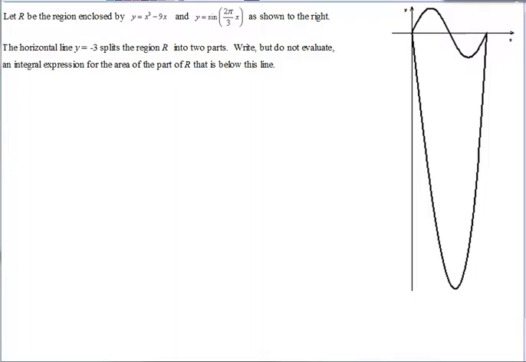Might have been obvious when you're just looking at it, but the one on the top there, that's y equals sine 2 pi over 3x. And the one on the bottom here, is y equals x cubed minus 9x.